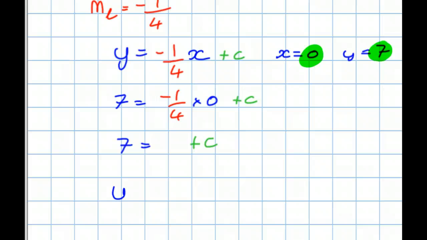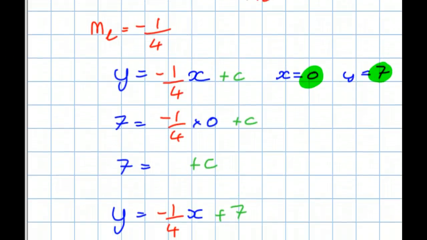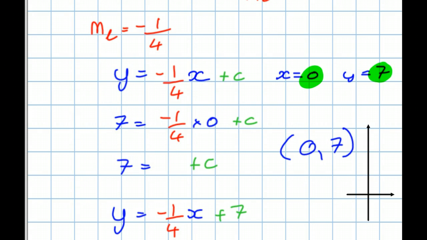The full equation of the line is y equals minus a quarter x plus 7. Now, I could have saved myself a bit of time if I'd been on the ball. I was told that it passed through the point 0, 7. In other words, if my brain had been in gear, I'd have realised that it crossed the y-axis at 7. So that would have been the number that was added on at the end.